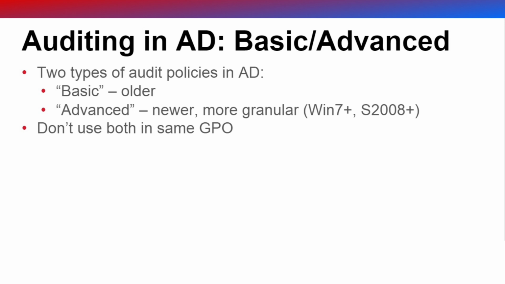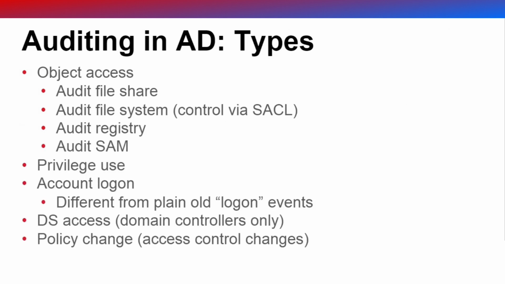So the types of things that we can audit in AD, well, there's file share access, anywhere in the file system. The registry, we can actually audit registry accesses, and the security accounts manager where we store local credentials. Privilege use, account logon. A quick comment about account logon, that's a little different from plain logon events. That's a bit of a subtle distinction.